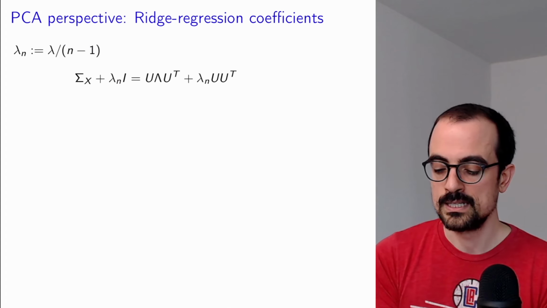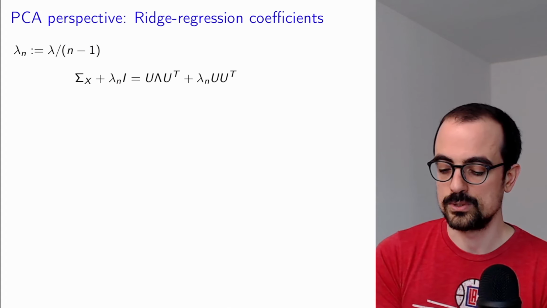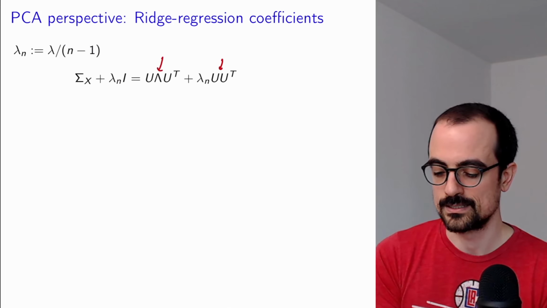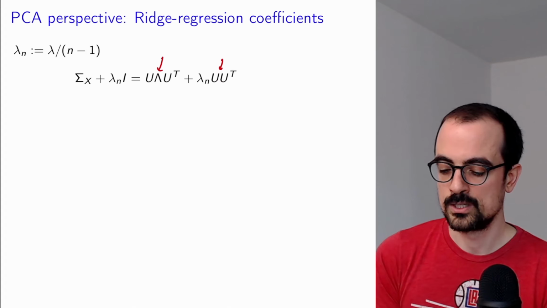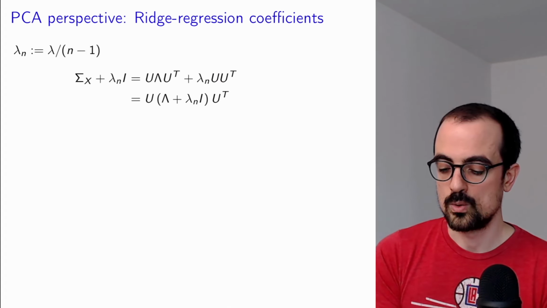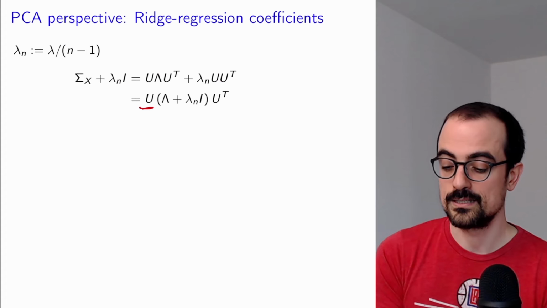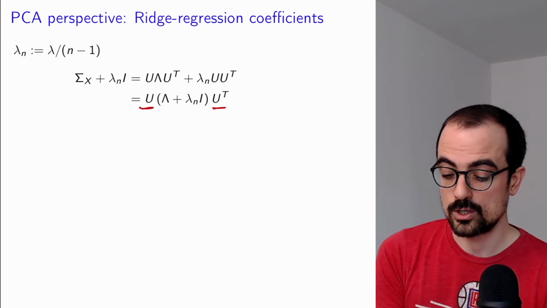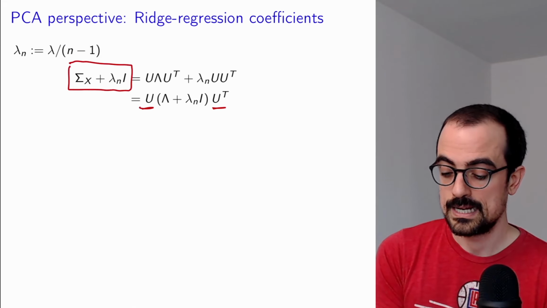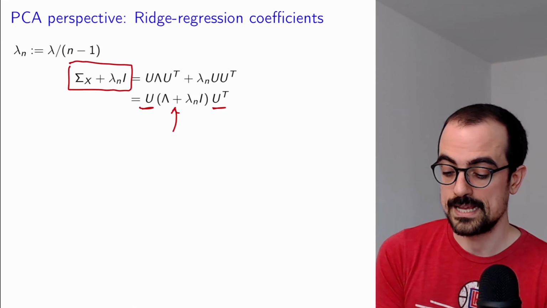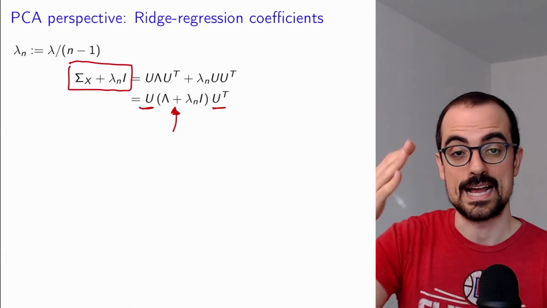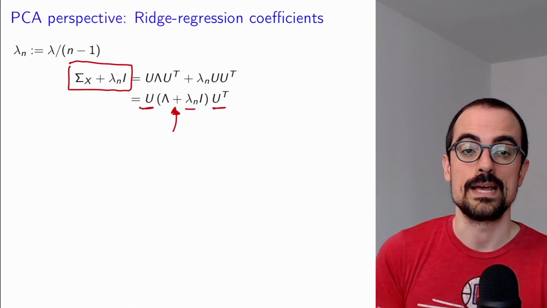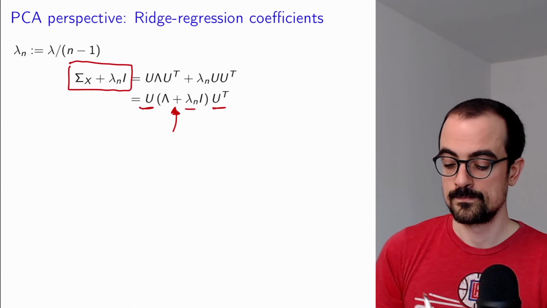And if I do that, I can put this together with the identity, which we can imagine is there in the middle, to obtain this expression, where now these are still the principal directions of this whole matrix, and the diagonal eigenvalue matrix in between has been modified to add lambda sub n to each of the eigenvalues.